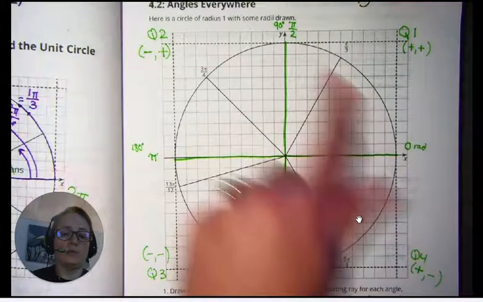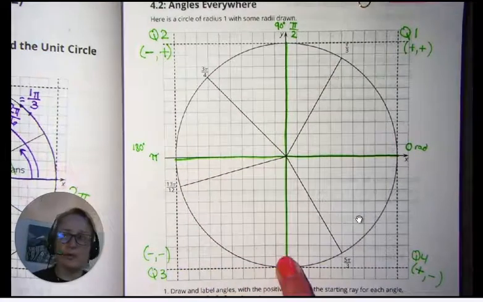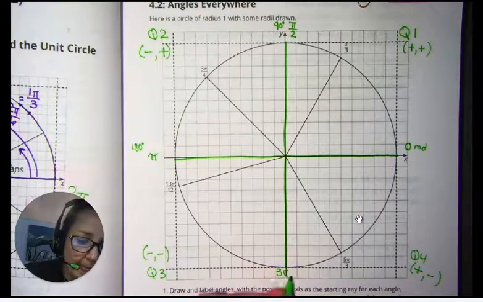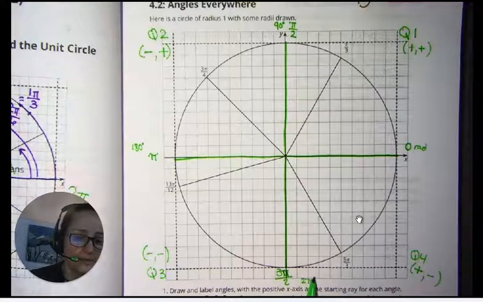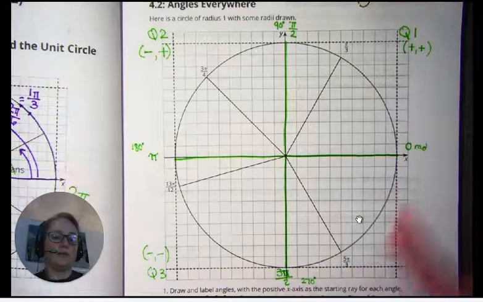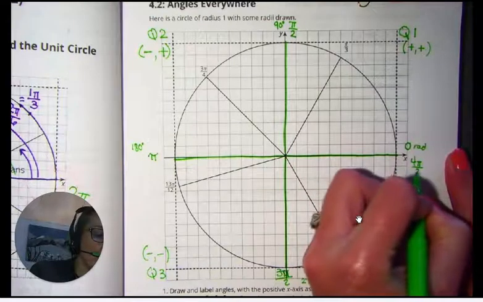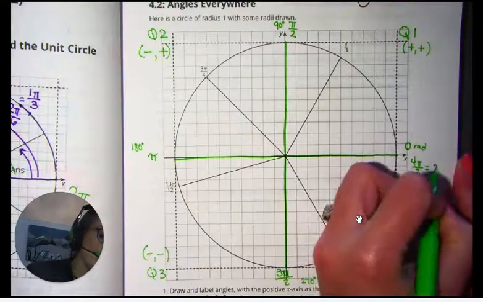So we have 1 pi over 2, 2 pi's over 2, 3 pi over 2. That's 270 degrees, by the way. And then all the way around the circle, we would have 4 pi over 2, but 4 over 2 is 2 pi.